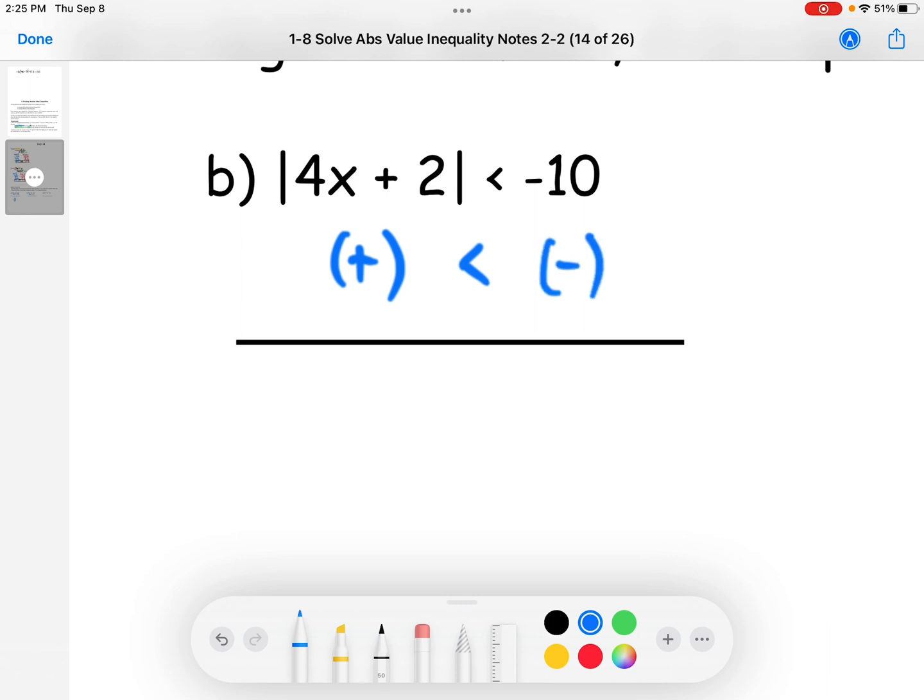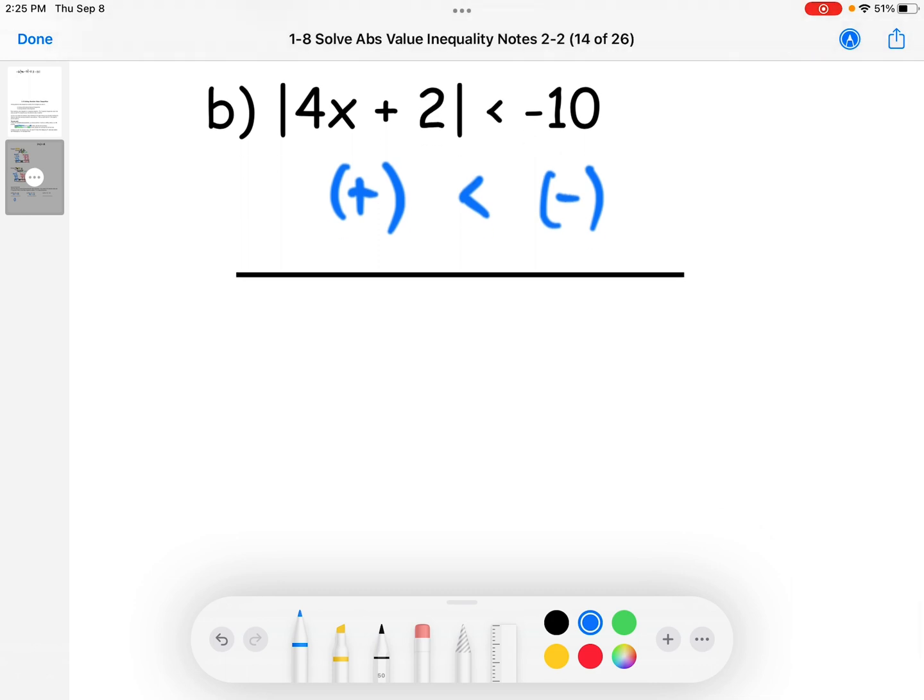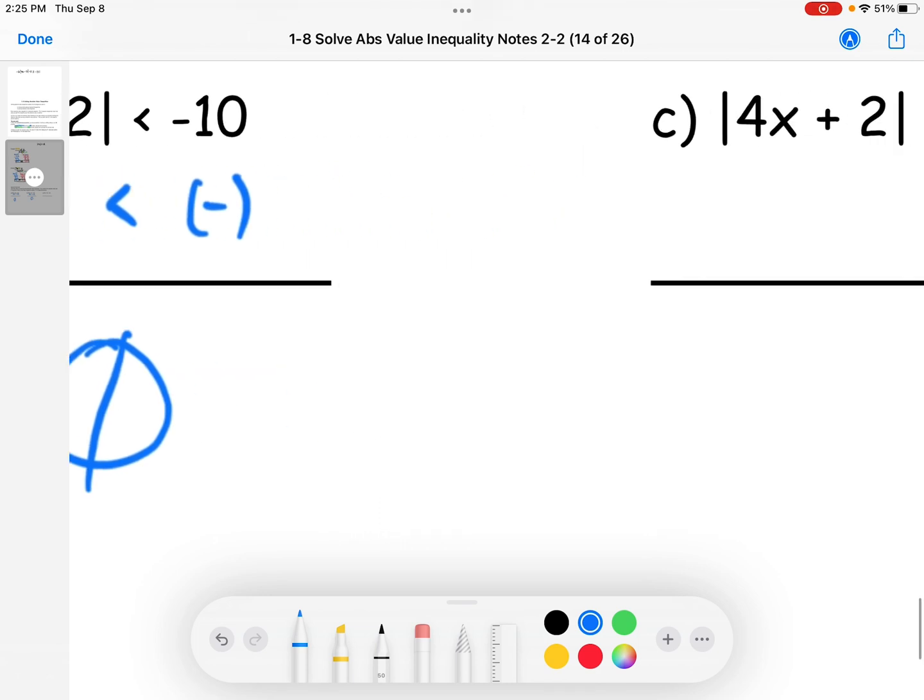Once again, it's not possible. So there is no solution, just like those ones we talked about yesterday. A positive number can't be less than a negative. Positive 1 could never be less than negative 10. Nothing even more than that could ever be less than negative 10. So there's no solution for a problem like this.